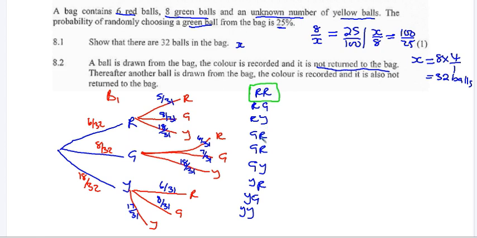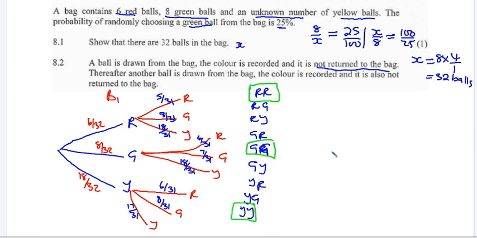Another one will be green and green. Okay, so this is supposed to be green and green here, because this is green and red, the first one, and then green and green. This is supposed to be green and green, that is the second one there. And then the last one should be yellow and yellow.